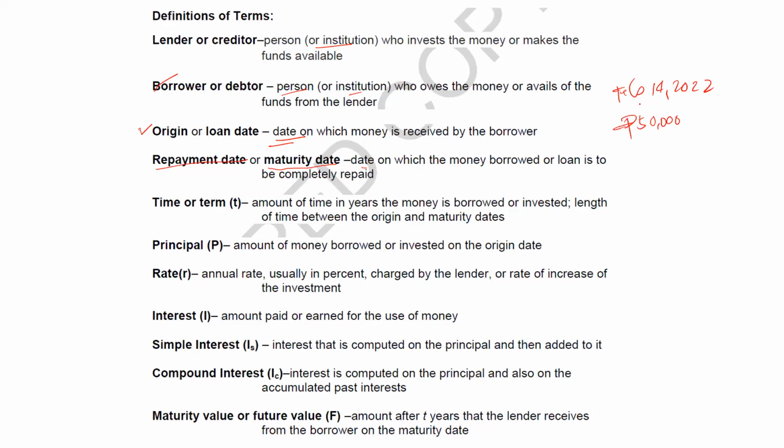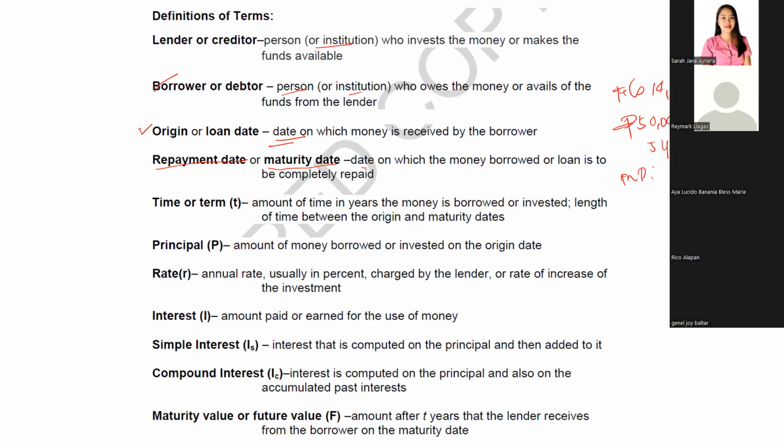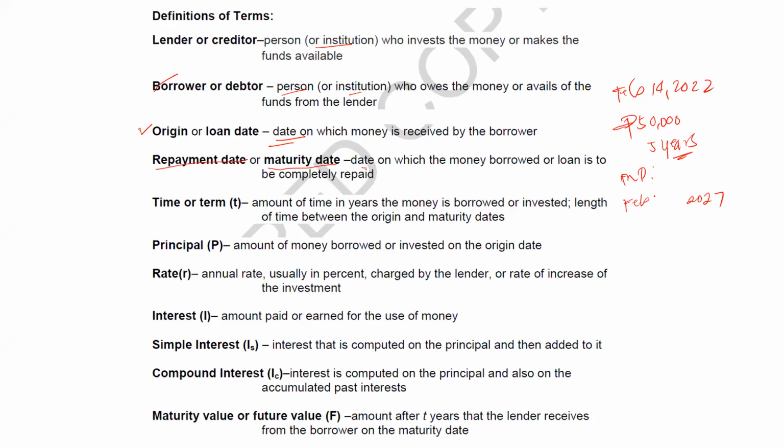And you're going to pay this for 5 years. Ang maturity date mo is after 5 years. So kung 2022, this will be 2027. Ang maturity date mo is February 14, 2027. This is the origin or loan date, and this is your maturity date or the repayment date.